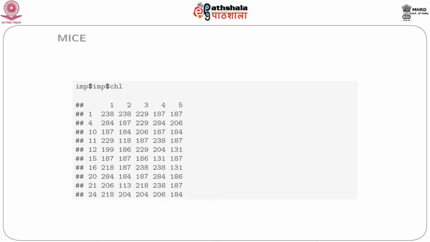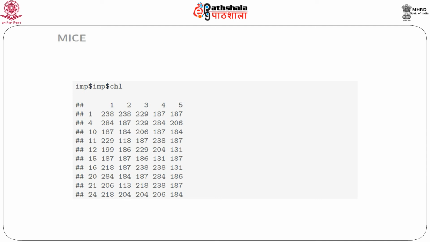Now, if we really want to see the imputed values, for example, the imputed values for cholesterol, then we can use the command: the object name $imp, and the variable which has been imputed.